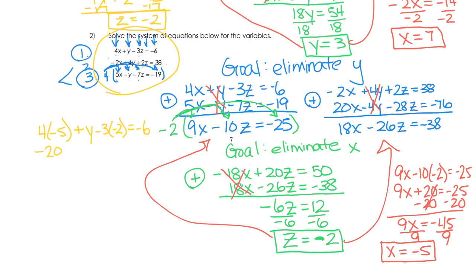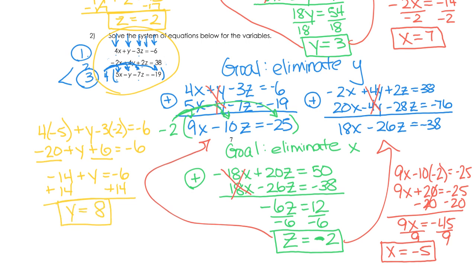This becomes negative 20 plus y plus 6 equals negative 6. You got a negative 20 here and a plus 6 there, which is negative 14. I'm going to go ahead and add 14. And y comes out to equal 8.